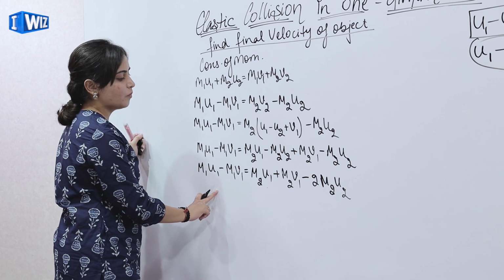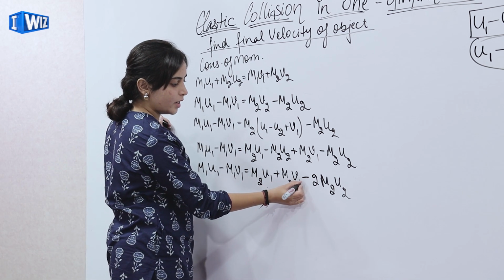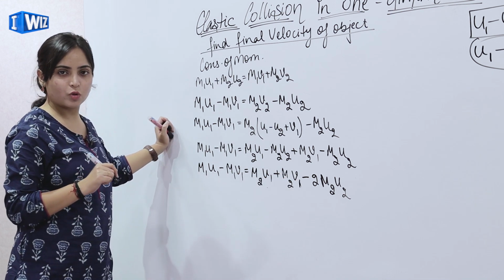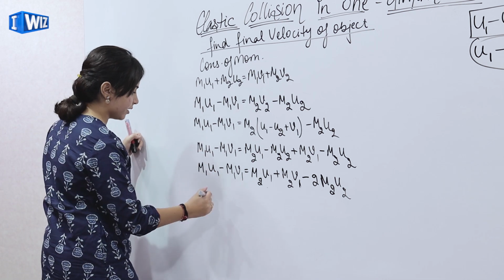So now we have to find the final velocity of the object, which is v1, because we have substituted v2 in terms of u1, u2 and v1. So v1 की सारी terms एक तरफ and बाकी terms एक तरफ.